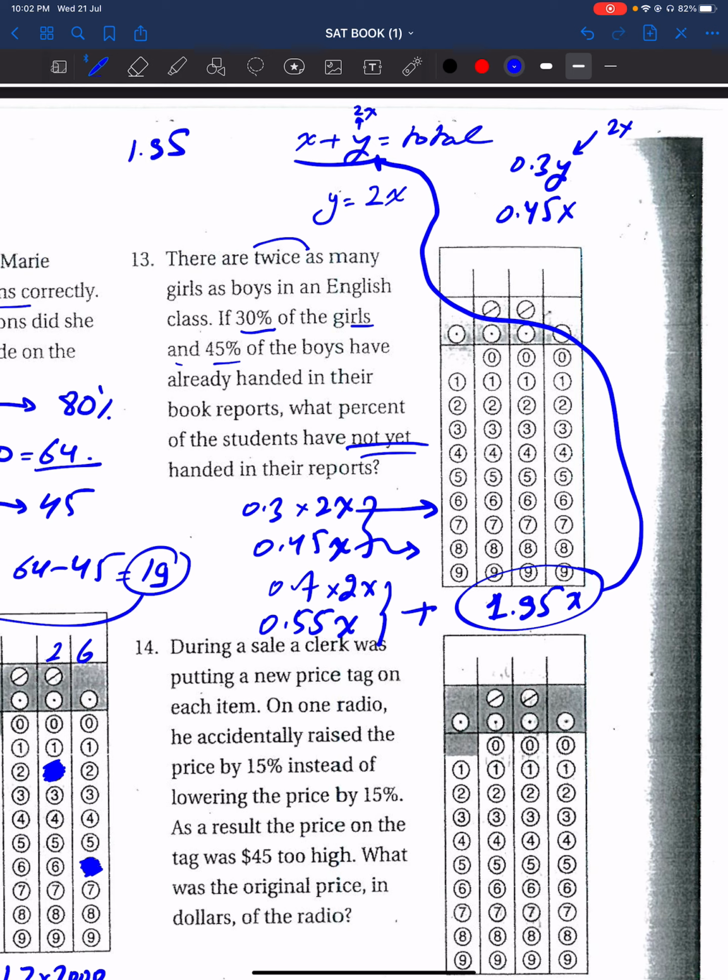So 1.95x divided by 3x is equal to 1.95 divided by 3, which is equal to 0.65, and times 100 you'll get 65%, since he's asking for the percentage.